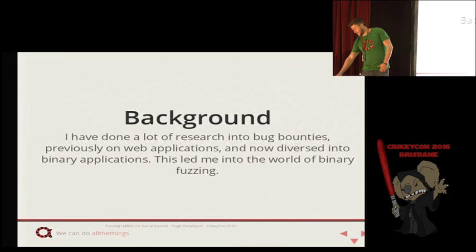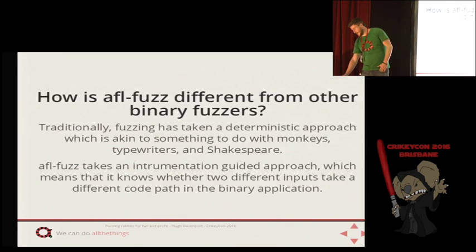I've used a whole bunch, and I like AFL probably the best because it does things quite differently. Most binary fuzzers traditionally take a deterministic, very dumb approach, just send random input and no real thought into what that input is.